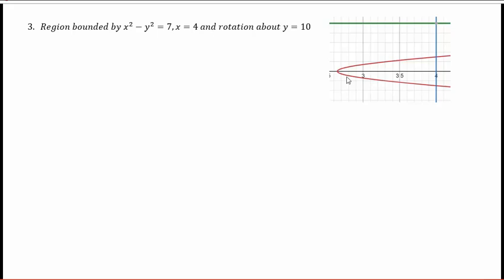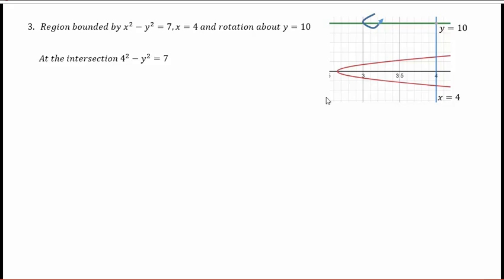You have two portions, one here and another on the left side. But since x equals 4 encloses it on the right hand side, the left side we ignore. Rotation will be about the line y equals 10. And x equals 4 is the vertical line that encloses the area in between, as you see on this.